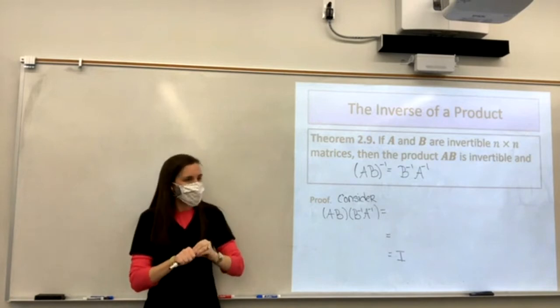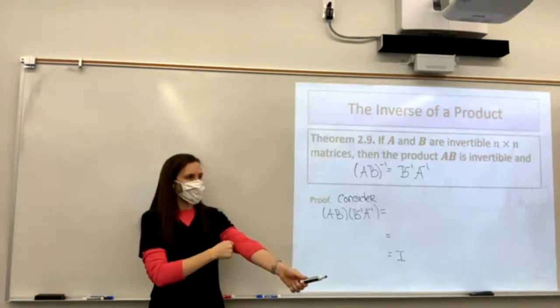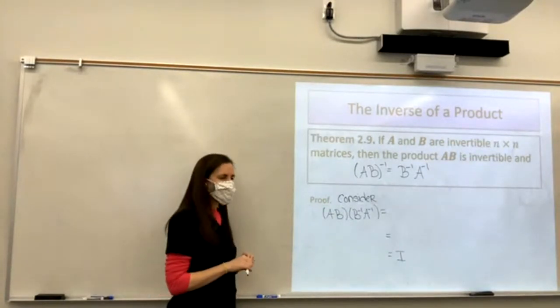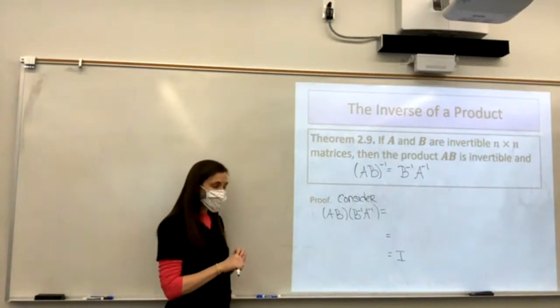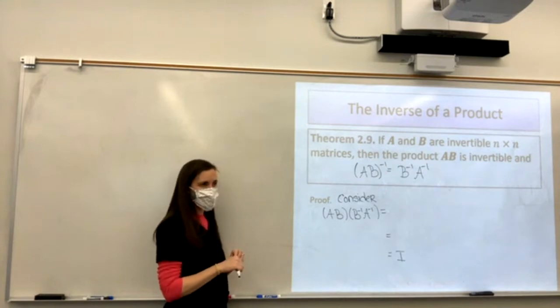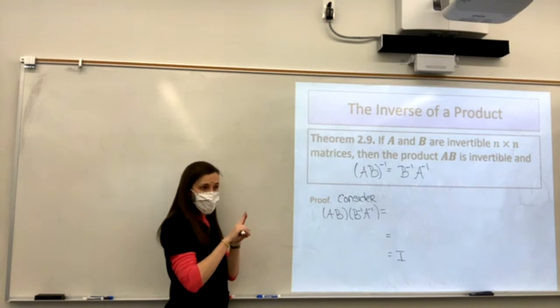Any suggestions? Yeah, David? Use the associativity property. Who do I want to multiply together first? B and B inverse. Good.